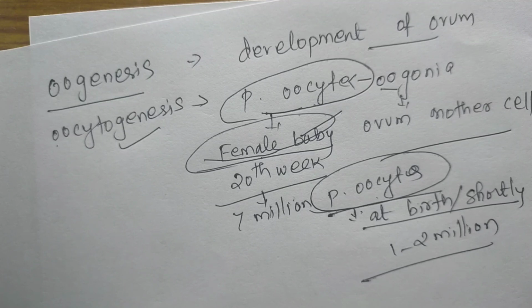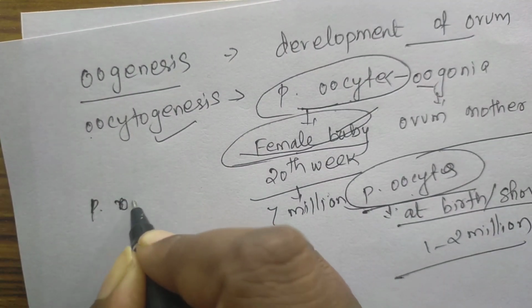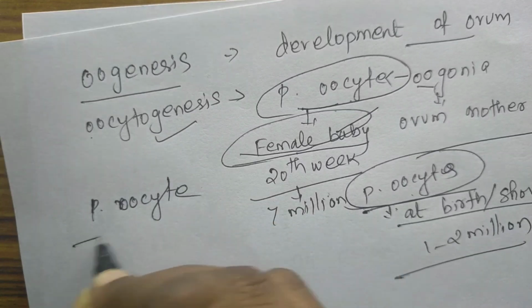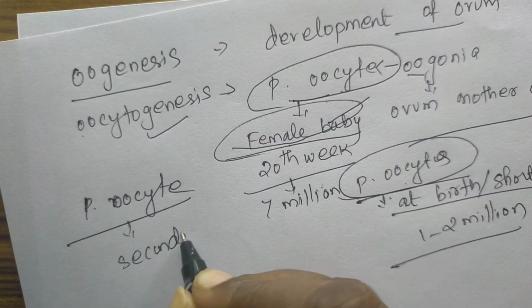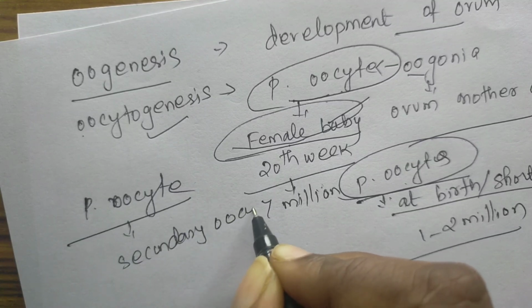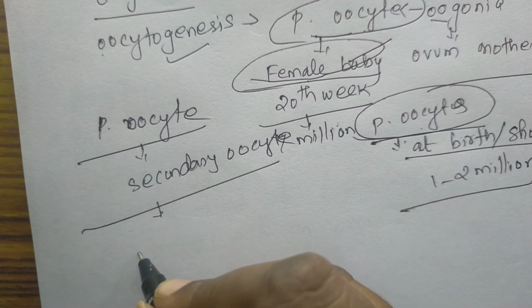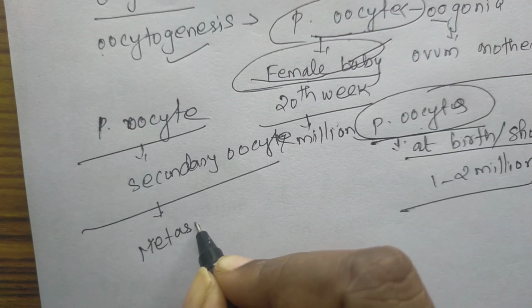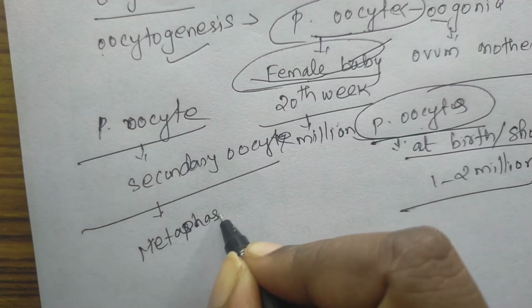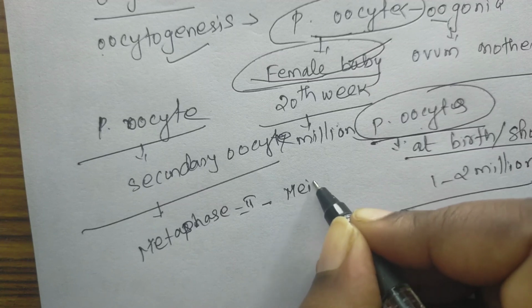So what happens here? When the female reaches puberty, the primary oocyte will undergo development. It forms the secondary oocyte. But the secondary oocyte is arrested during metaphase 2 of meiosis 2.